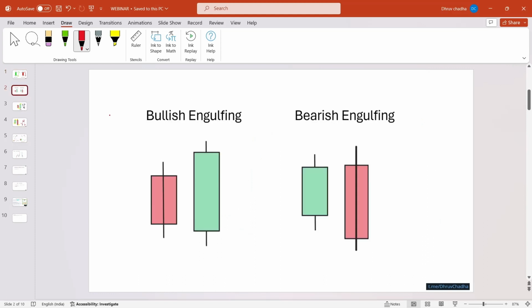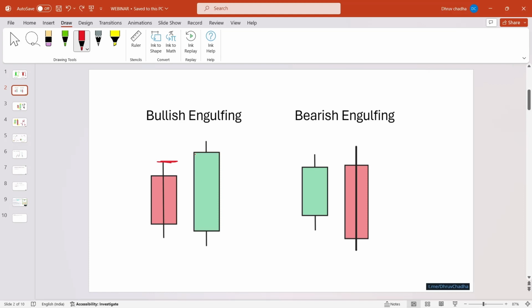So the second thing is, now let's go into the bullish engulfing and bearish engulfing. What is a bullish engulfing and what is a bearish engulfing? In the case of bullish engulfing, the only requirement that we need is a bearish candlestick, and the high of that bearish candlestick is being engulfed by a bullish candlestick with a closer.